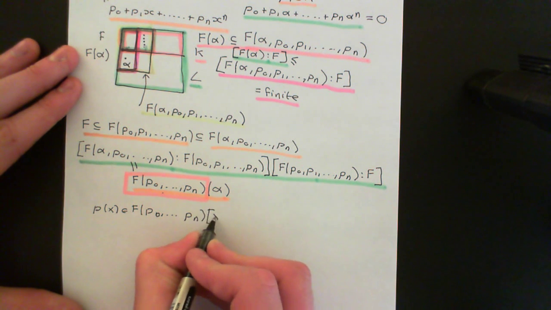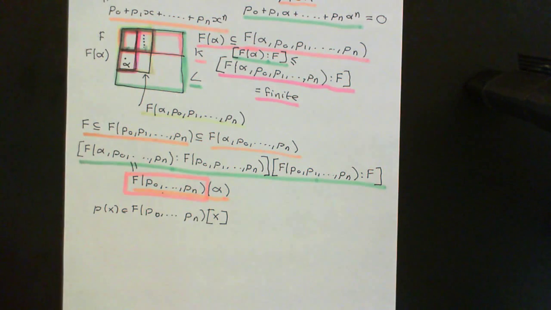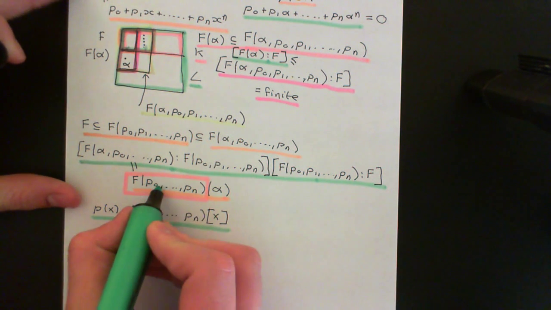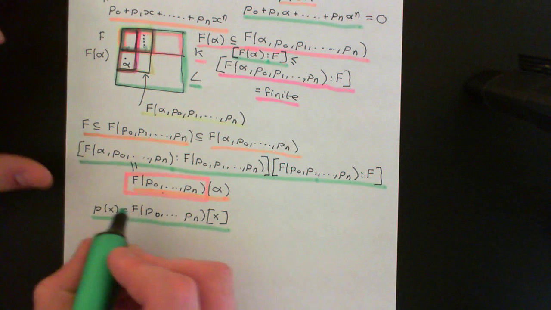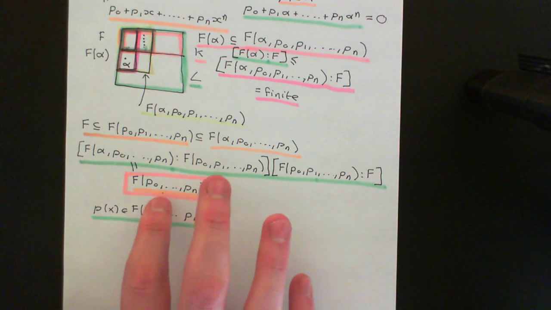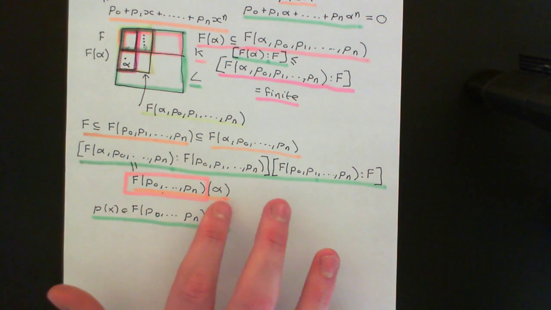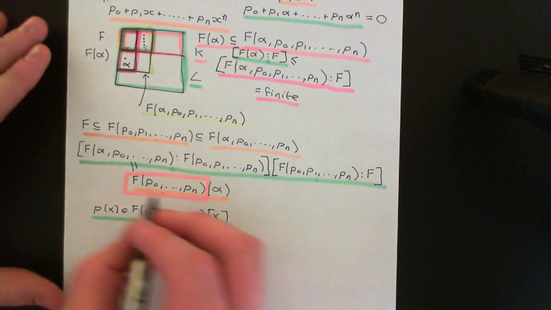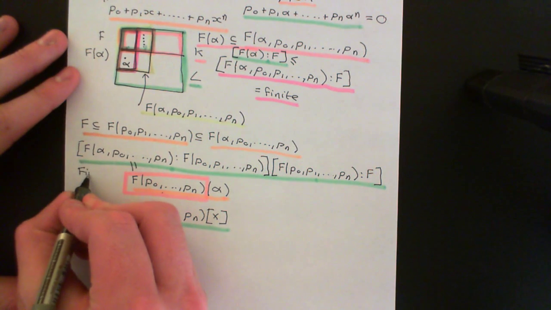So it's certainly going to be in this ring of polynomials, and therefore there is going to be a non-zero polynomial in the ring of polynomials over this field that we're trying to extend here, which has alpha as a solution. So alpha is going to be algebraic over that, which means that this simple extension here is going to be finite. So I can conclude, therefore, that this one is finite.